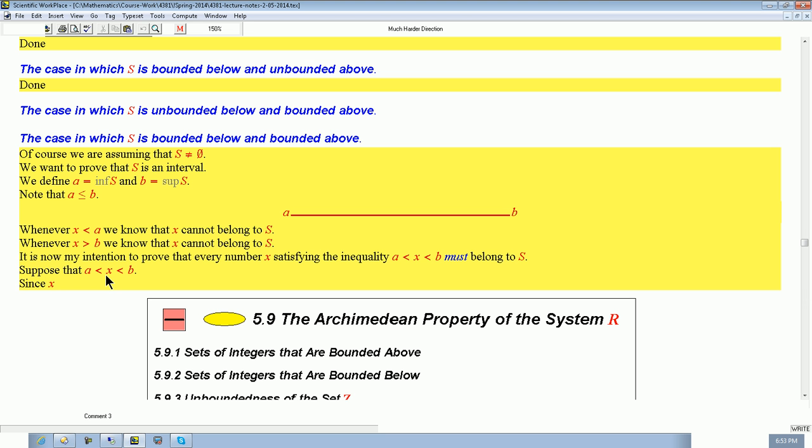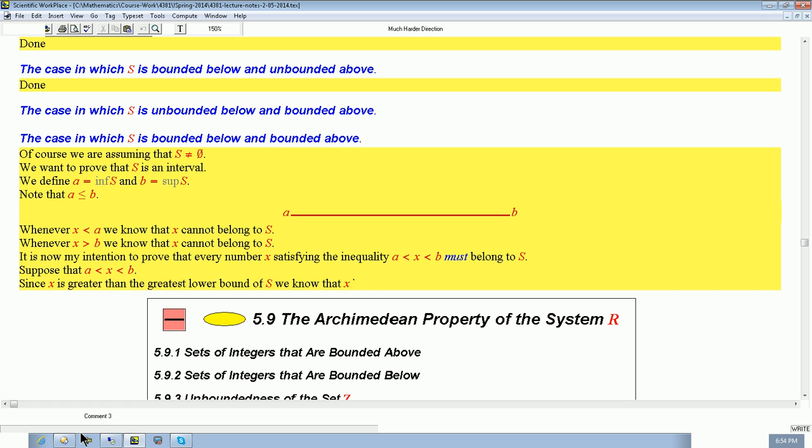Since X is greater than the greatest lower bound of S, we know that if you're greater than the greatest lower bound, then you're not a lower bound.